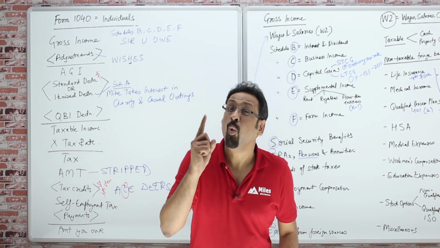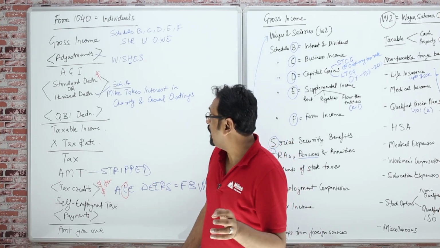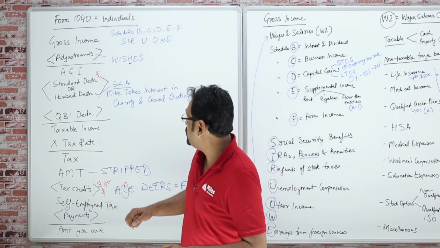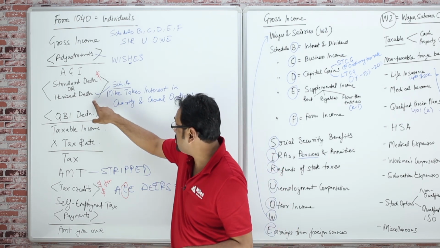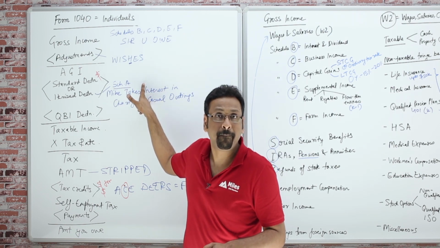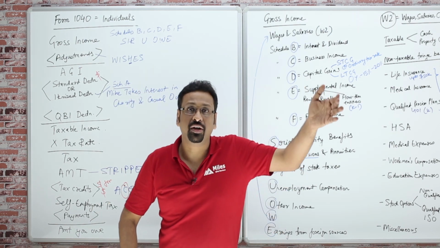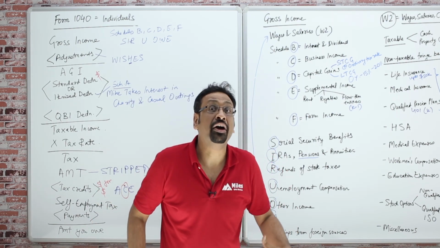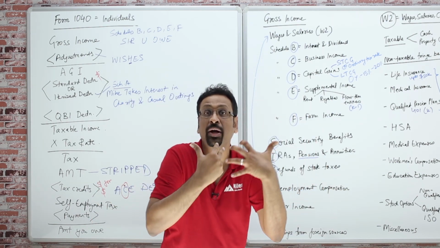Let's say in year one, you pay out $1,000 of state taxes, which you claim as an itemized deduction on Schedule A. Next year, in year two, out of the $1,000, you actually get a refund back from the state government of $300.